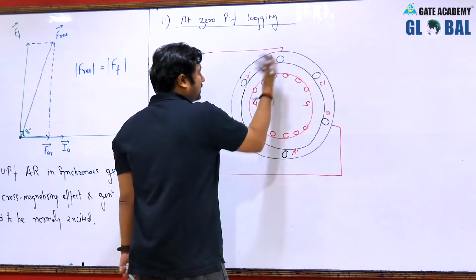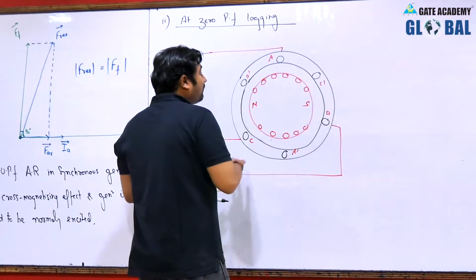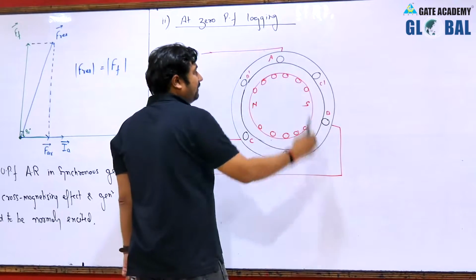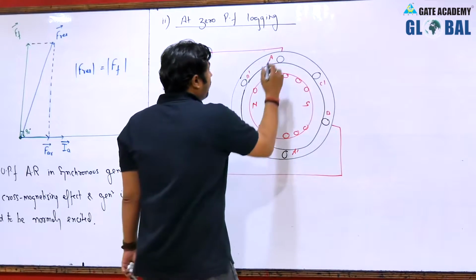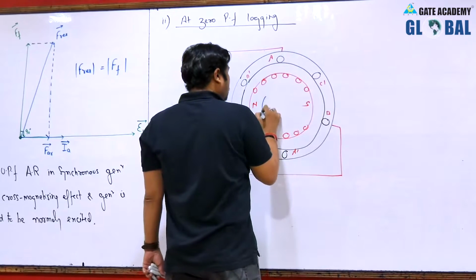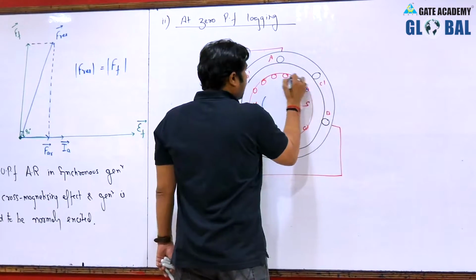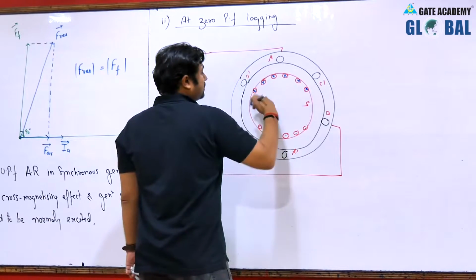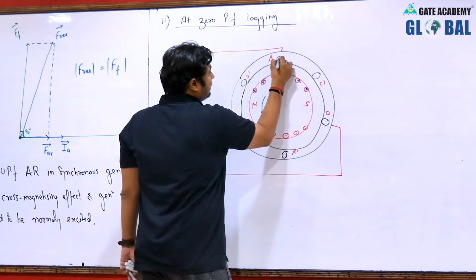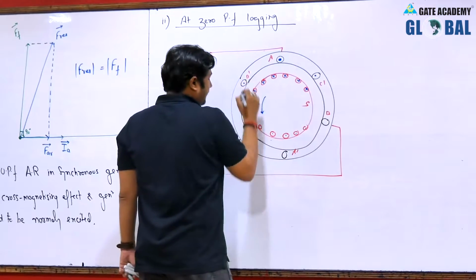Is it okay? Because the generated voltage is a function of time, and I am saying in time current is lagging the voltage. So as per the north polarity, this is the position of a rotor. When this rotor is at this position, the currents are here as outward and here as inward.